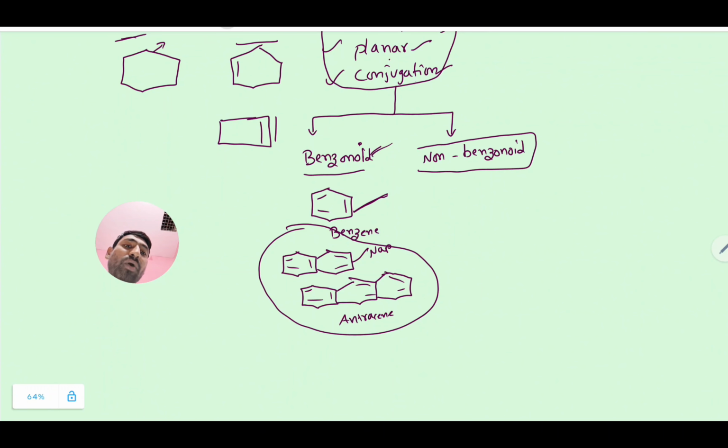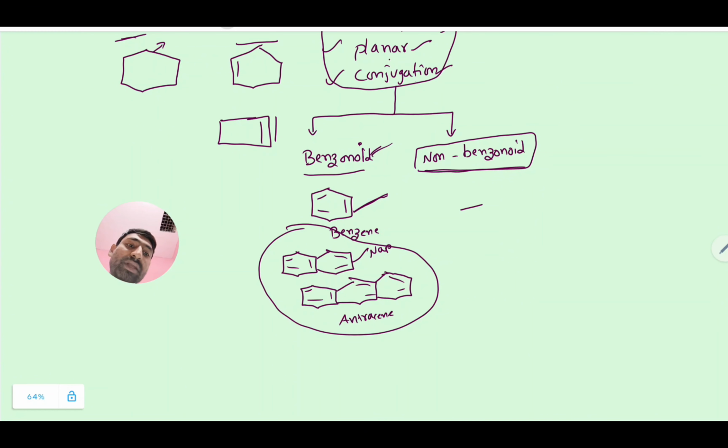Compounds that have no benzene-like rings, if they are aromatic but not with only a benzene ring, are called non-benzenoid aromatic compounds.